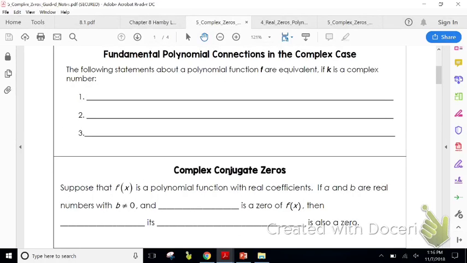Okay, so the following are the fundamental polynomial connections in the complex case. We already know these, but I'm going to go ahead and list them out anyways. It says the following statements about a polynomial function f are equivalent if k is a complex number.